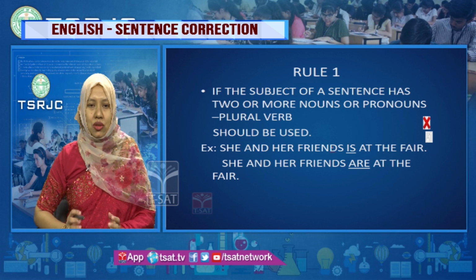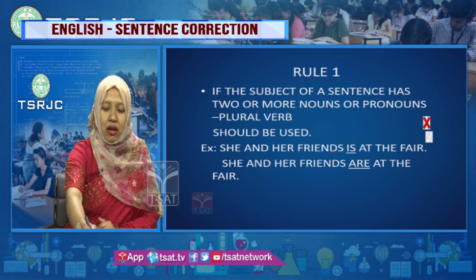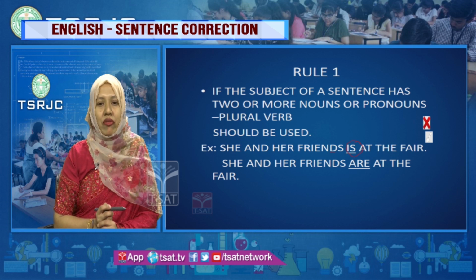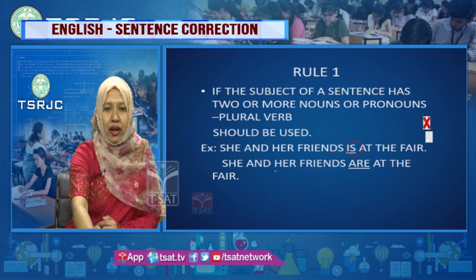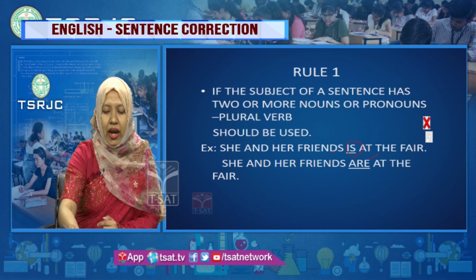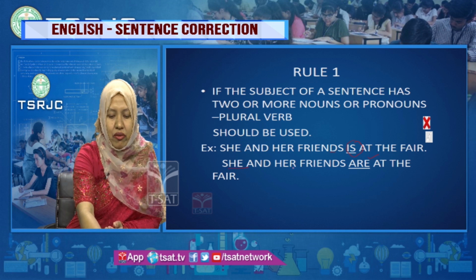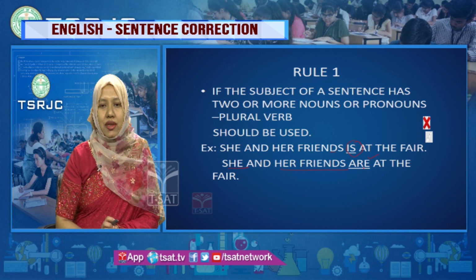There are 2 subjects and "and" is used as a conjunction. But here the verb used is "is," which is wrong. The helping verb "is" should not come. The correct sentence is "she and her friends are at the fair." Because there are 2 subjects, we need to always use a plural verb. This is one important tip.